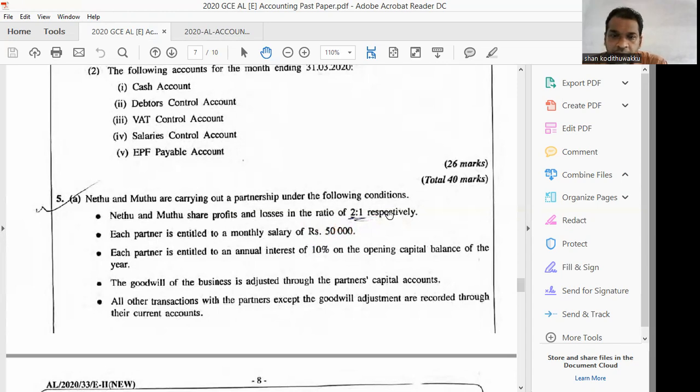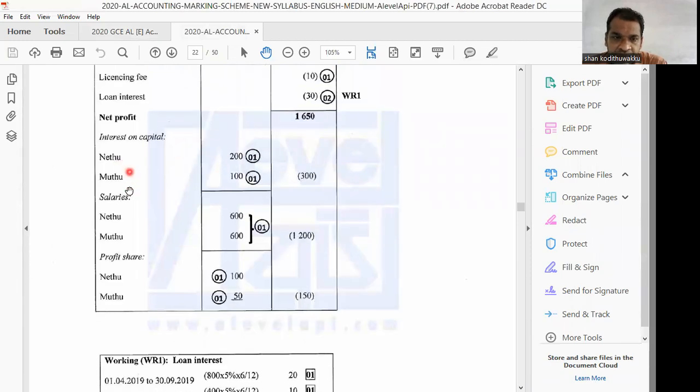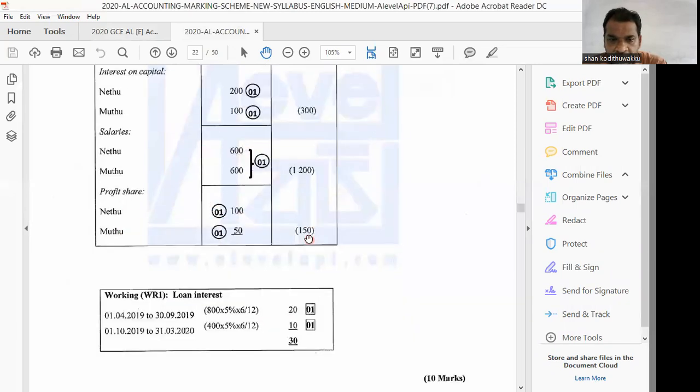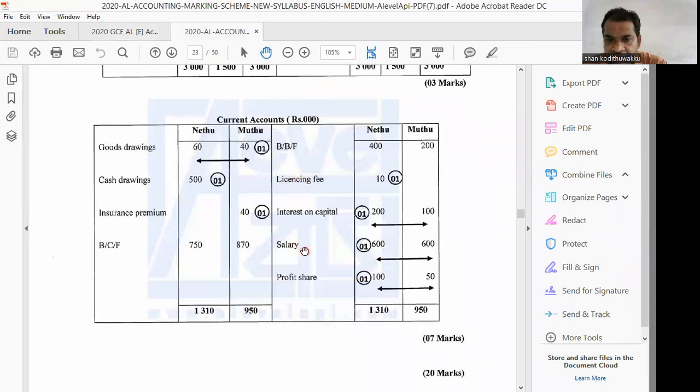Then you can debit the appropriation account like this: salaries Nethu 600, Muthu 600, total 1200. And you can credit the partners' current account, saying salaries Nethu 600, Muthu 600.